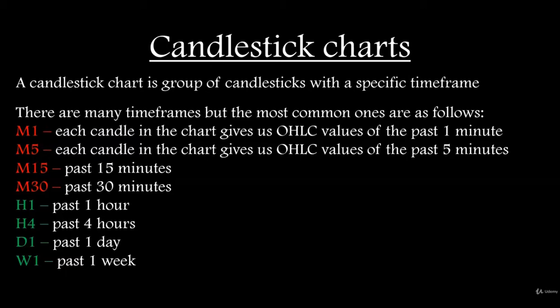So each candle on the W1 chart is going to be representative of what happened to price over a 1 week period. Now I have the M1, M5, M15 and M30 in red, and I have the H1, H4, D1 and the W1 in green. The reason for this is that the ones in red are pretty fast time frames, and beginners shouldn't really be using this.